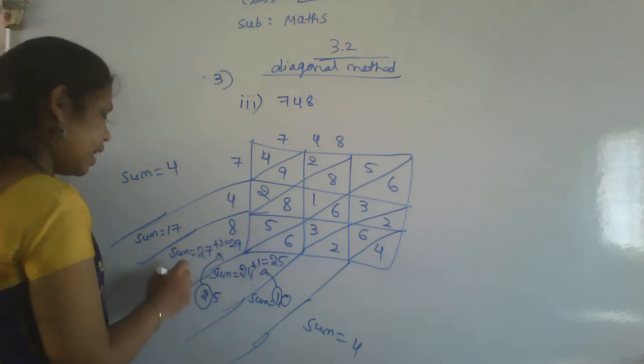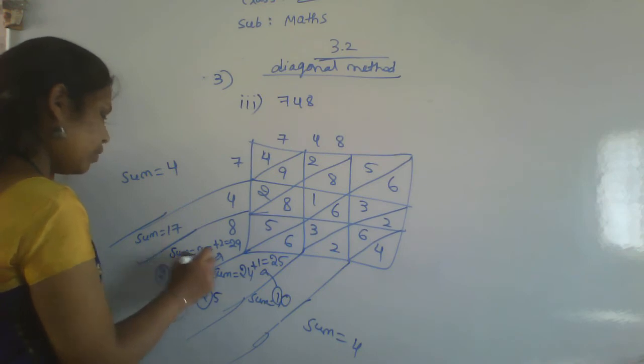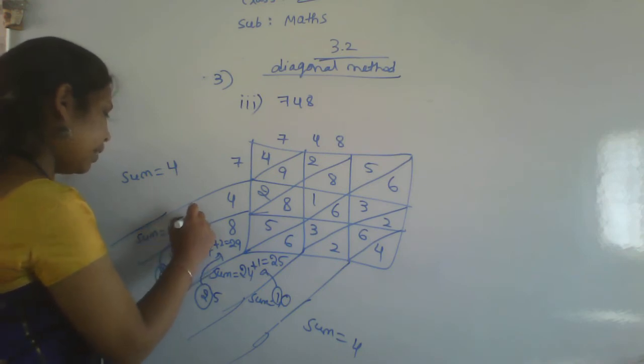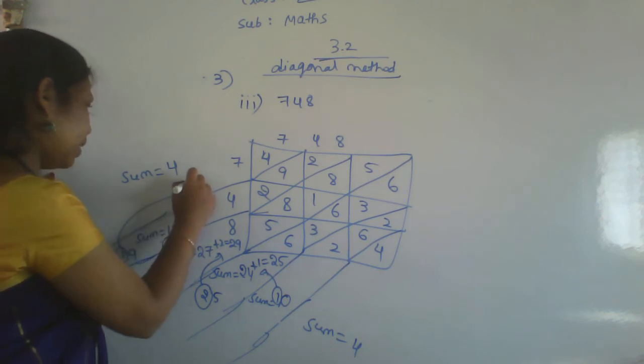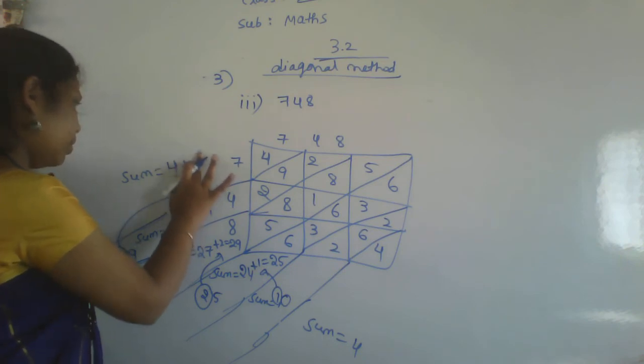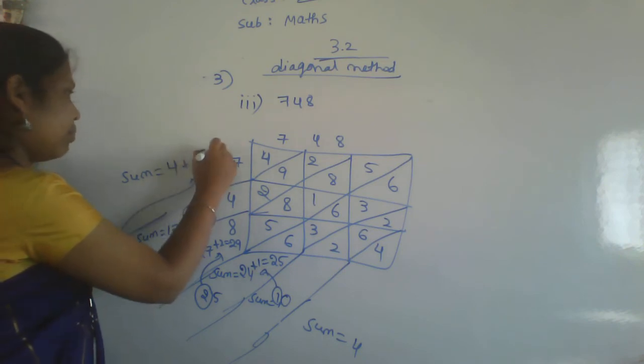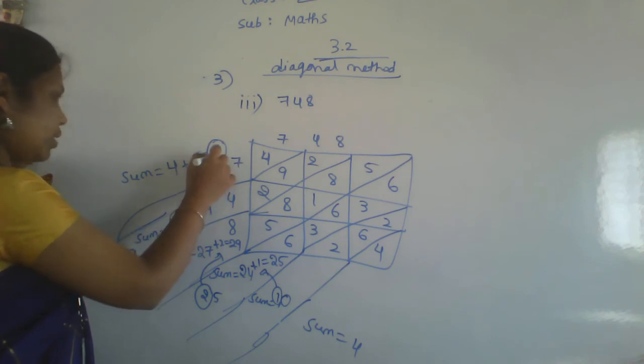Again write only 9 and take this 2, 29 plus 19... Okay, so write only 9, take 1 this side and add. Okay, so it will become 5.